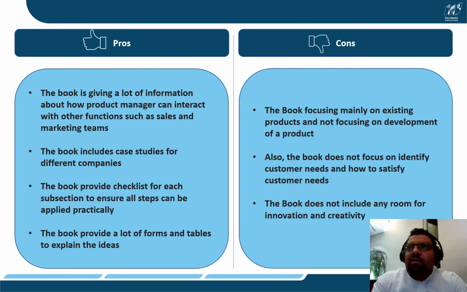It's not focusing on how to understand your customer needs, such as surveys, looking for a benchmark of other products, and looking for feedback from the customer, from your competitor, and about your product. Also, the book does not include any room for innovation and creativity.